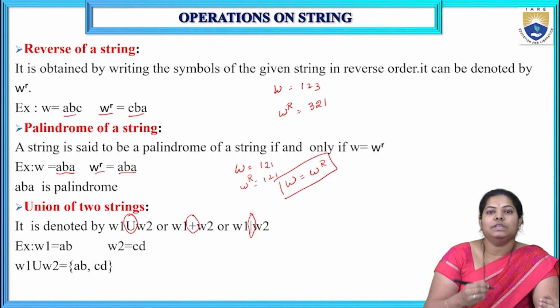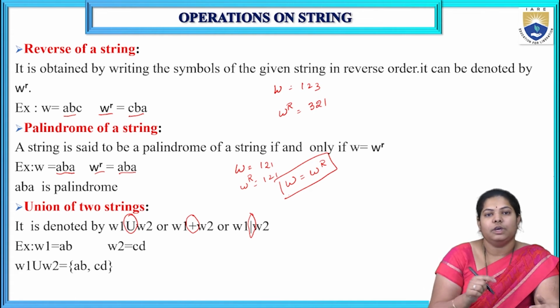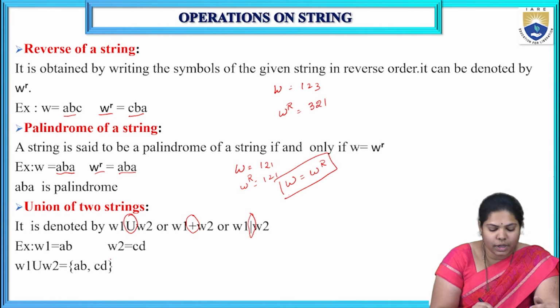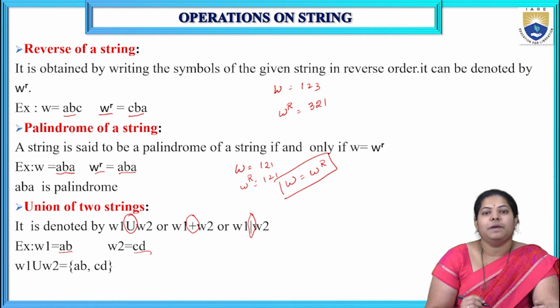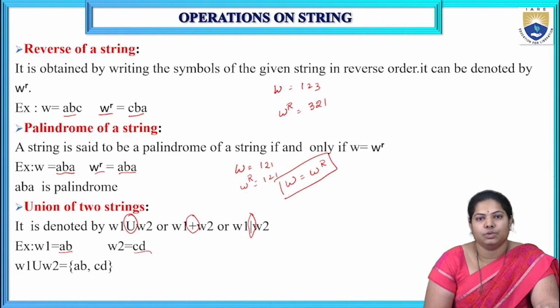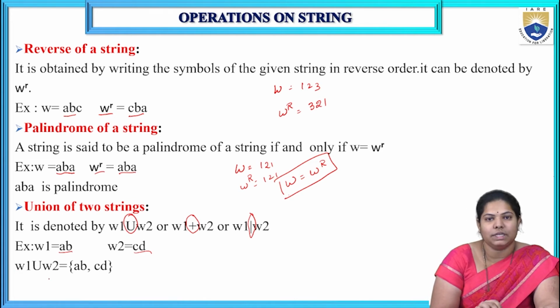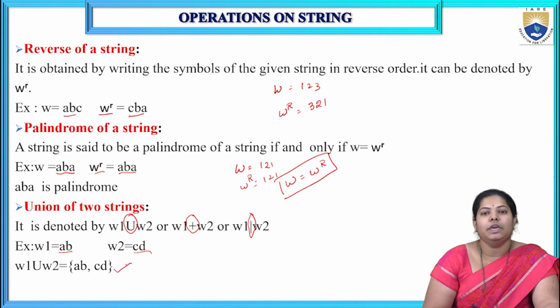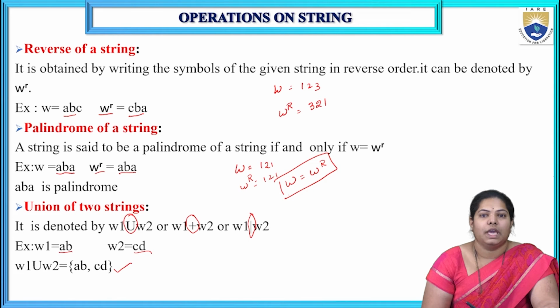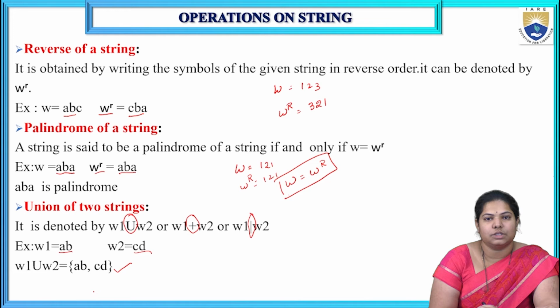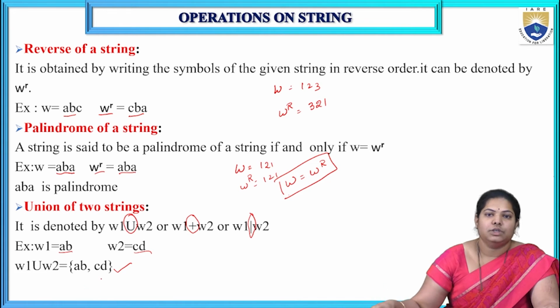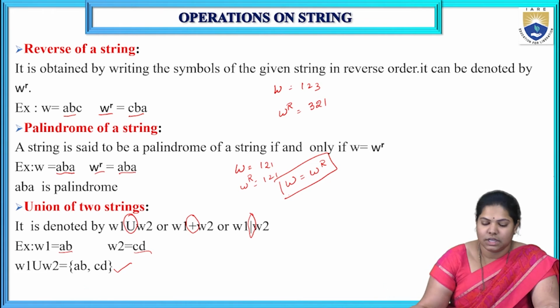So how is the union performed between two strings? If I take the string W1 as AB and W2 as CD, and perform the union W1 union W2, I get the resultant set of strings AB, CD. So this is called the union of strings.